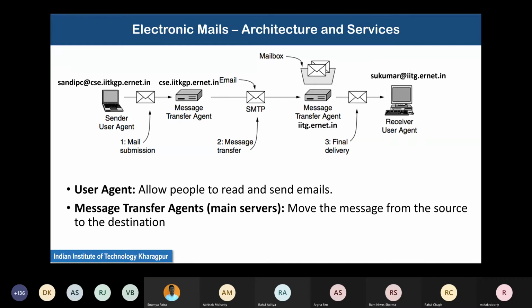When this user, sukumar@iitg.rnet.in, connects with the message transfer agent at iitg.rnet.in using his receiver user agent program, which is another program running locally on his computer, it performs a pull request on his mailbox.